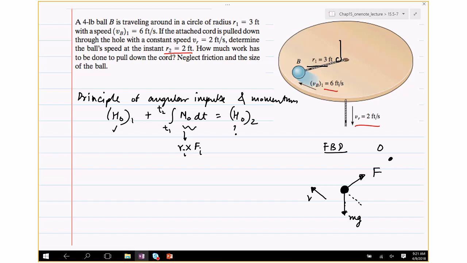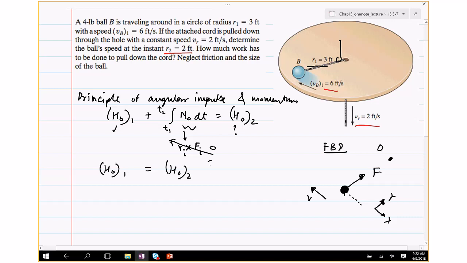We are only interested in planar motion, motion in this plane. So really, it doesn't make sense for me to put mg because mg doesn't contribute to the motion in that plane. So the only force is actually F. Since this moment is 0, it turns out that HO1 equals HO2.